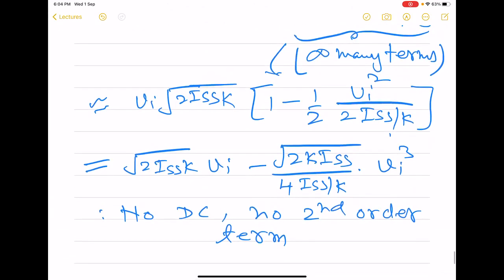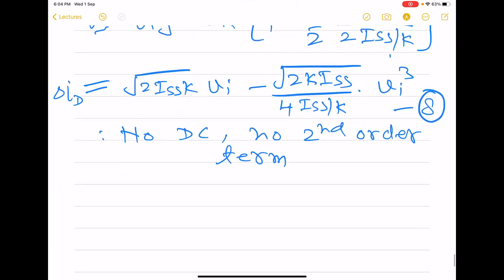Now we can compare this equation, which we'll be calling 8, with our original equation 1.